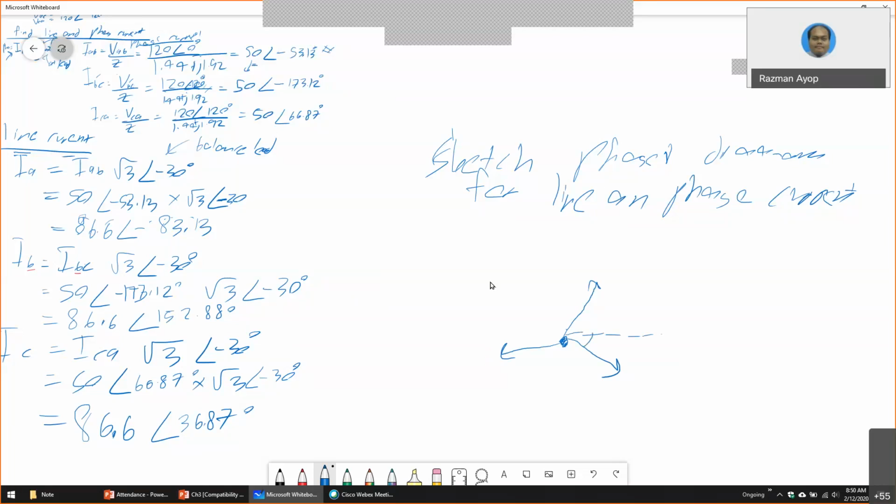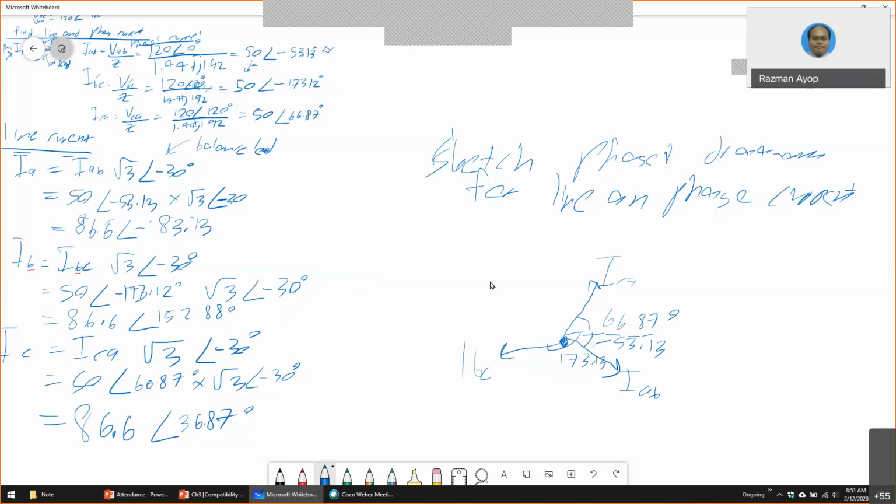This one is 66 angle negative 53.13, this one is 66.87 degree, and this one is 173.13. So these are IAB, IBC, ICA.